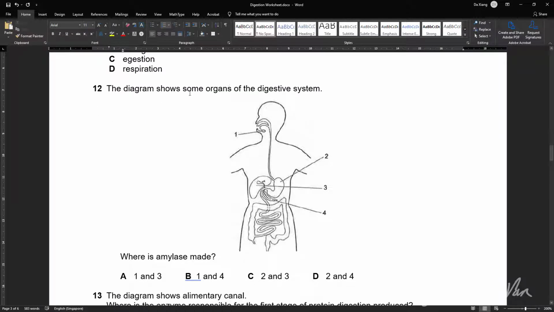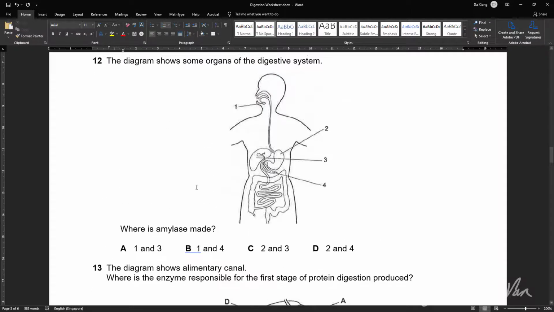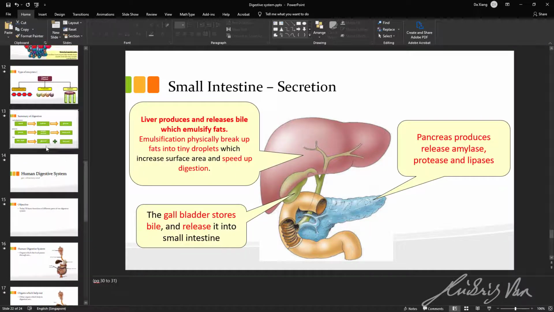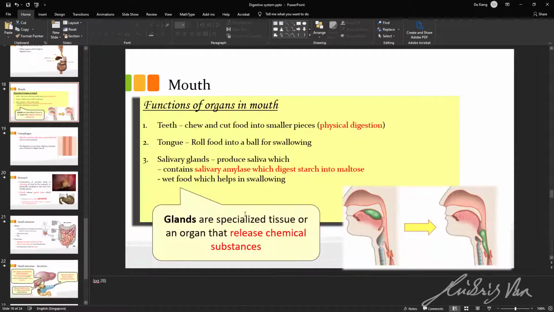The diagram shows some organs of the digestive system. Where is amylase made? So 1 is the salivary gland, 2 is the stomach, 3 is the liver, 4 is the pancreas. Amylase is made in the, let us just take a look. So we know that it is made in the mouth over here.